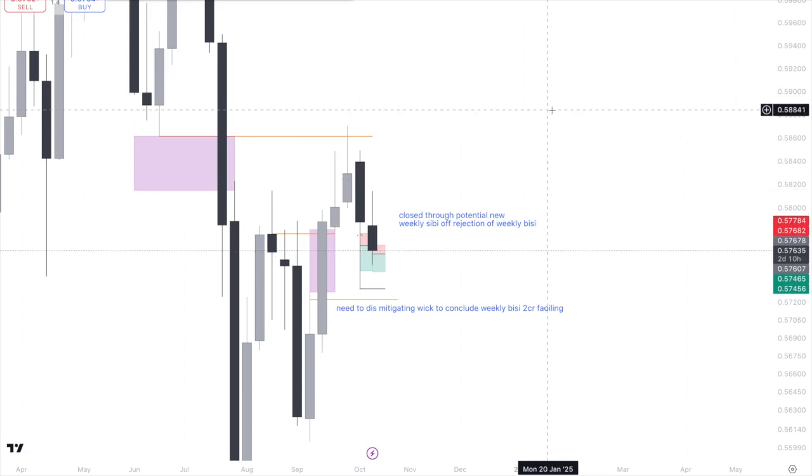I think it's also worth taking into account that the higher time frame argument of the monthly is a bearish one. So I think the bearish side is still stronger than the bullish side when we take that into account, especially because this was quite a nice rejection.